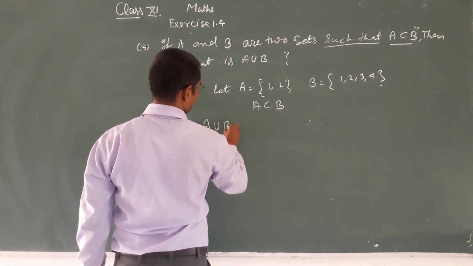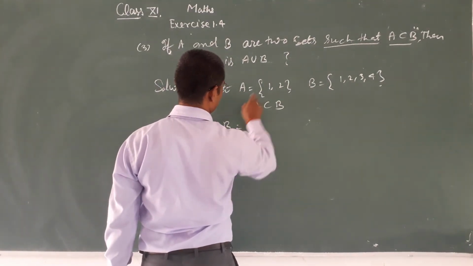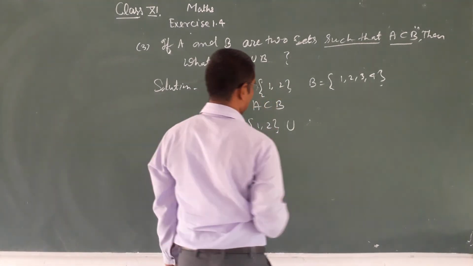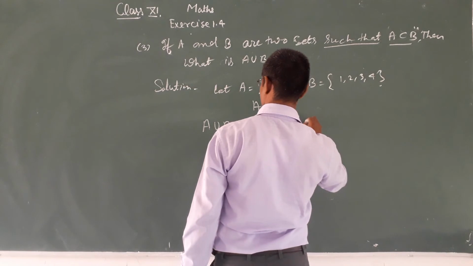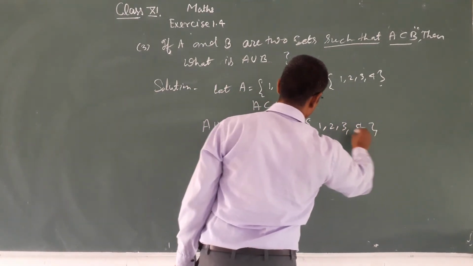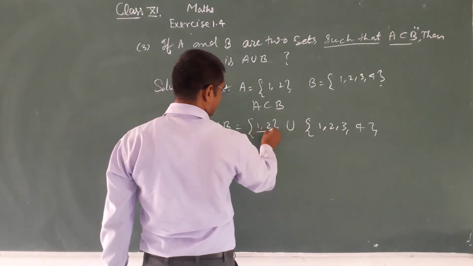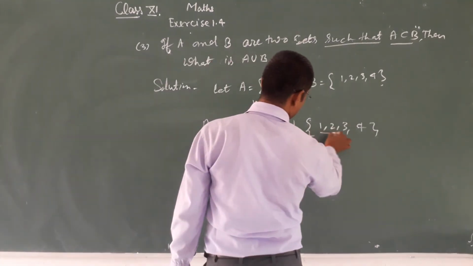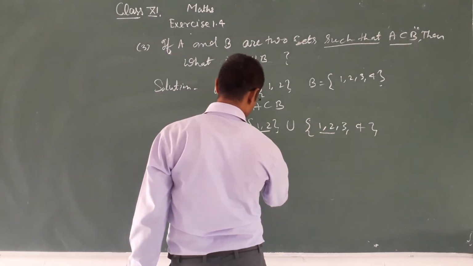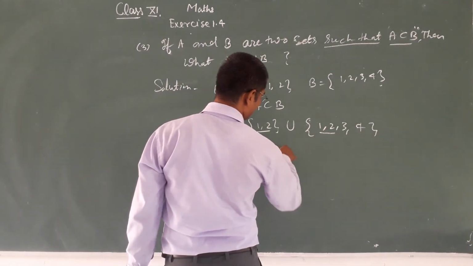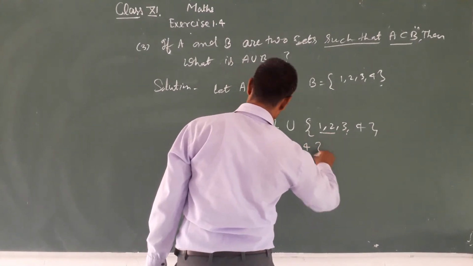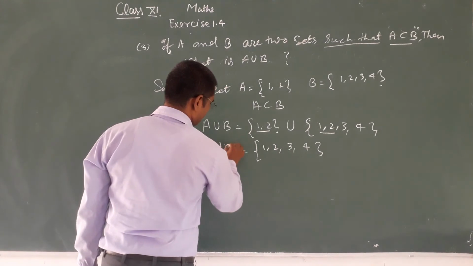A union B is equal to set A {1, 2} union set B {1, 2, 3, 4}. So the common elements are written only once, 1, 2, and the other elements 3, 4. So A union B.